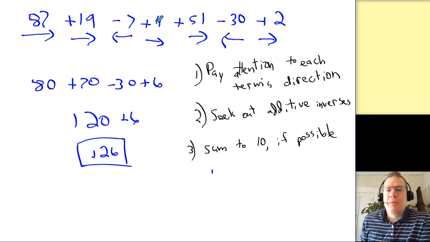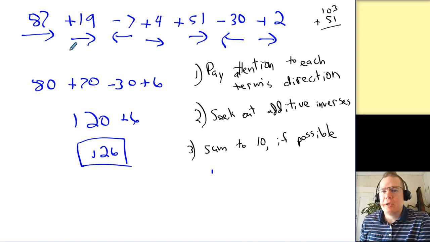And then I've got 103, then 103 plus 51. Maybe I have to write that down. 103, 51. Right? I want to avoid this kind of work as much as possible because it's tedious, it takes time, it draws my attention over to this part of the screen instead of looking at the big picture.